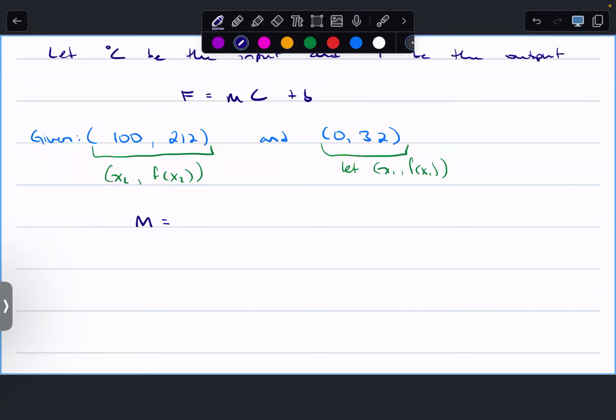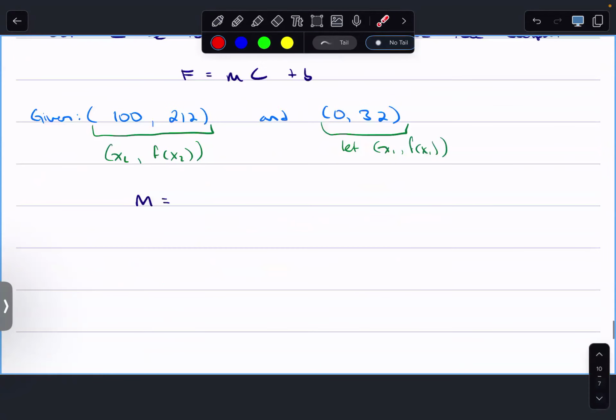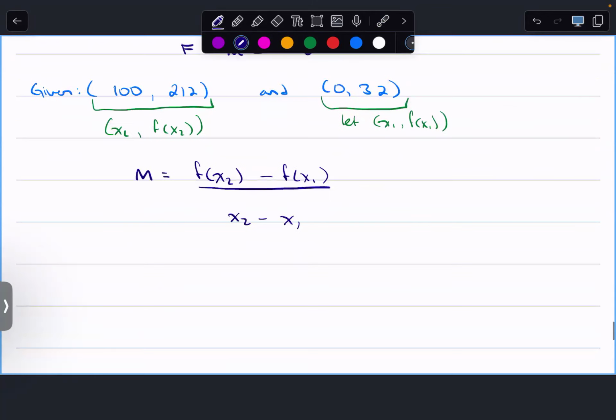First thing, finding the conversion equation is going to be a linear equation. And so really all we're doing is finding the same thing that we did before. We want to find the slope. f of x2 minus f of x1 divided by x2 minus x1.